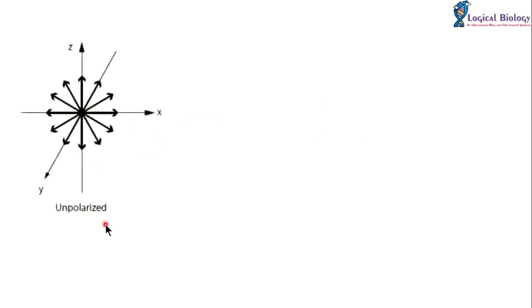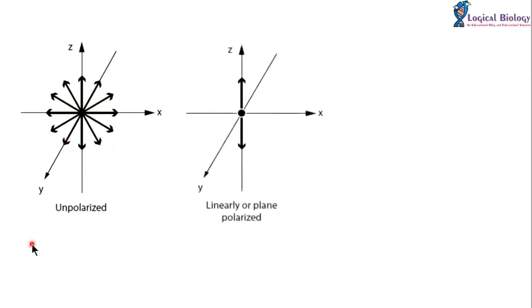So first we use unpolarized light. What do you mean by unpolarized light? Unpolarized light means the light waves have random vibration in all directions. It is generally used for electronic spectroscopy. Second, linearly or plane polarized light, where the light vibrates only in one plane.